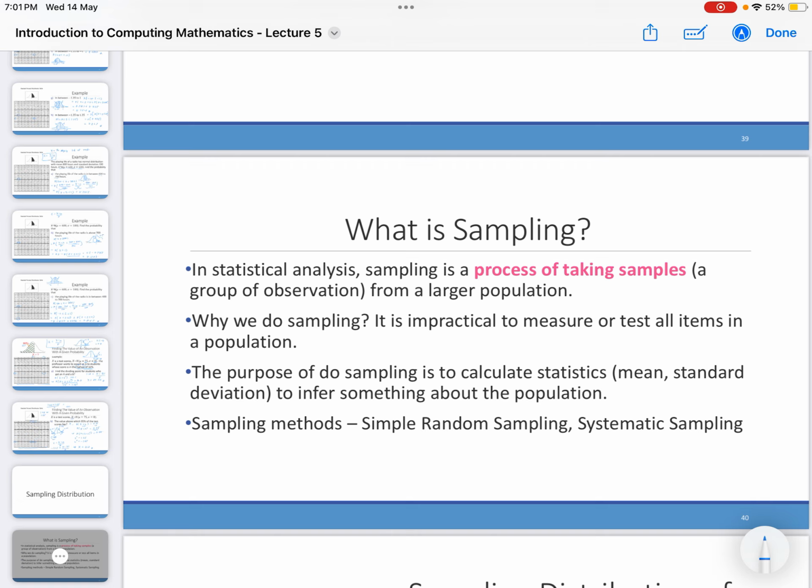Examples of sampling methods: simple random sampling, where we pick items randomly, and systematic sampling, where we give each item a number and then pick, for example, the even numbers or every hundredth number.